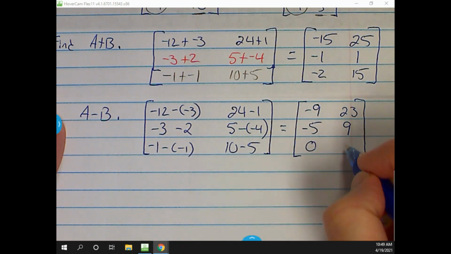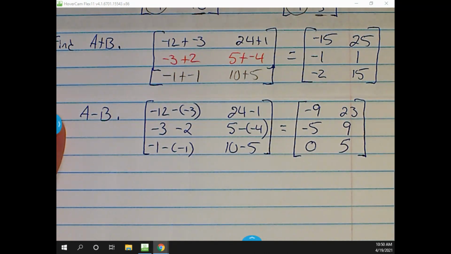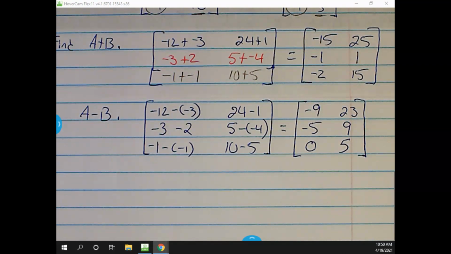And then 10 minus 5 would be 5. Okay, so again, not hard, just be careful with the subtraction sign because, again, sometimes with subtraction you do have to change a sign or two, just depending on the numbers and how they set up in there.